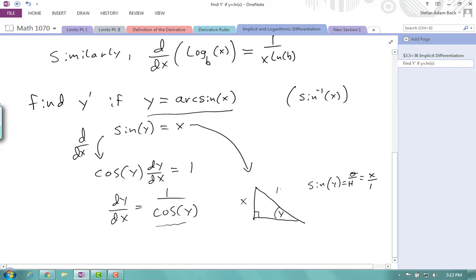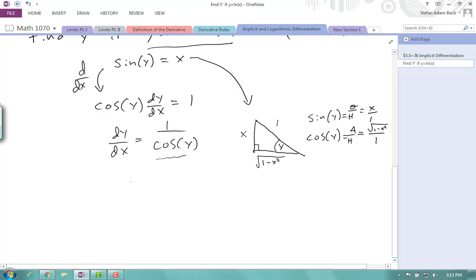From the Pythagorean theorem, my third side is the square root of 1 minus x squared. And so my cosine of y, which is adjacent over hypotenuse, will be the square root of 1 minus x squared all over 1. So instead, my derivative here is 1 over the square root of 1 minus x squared.